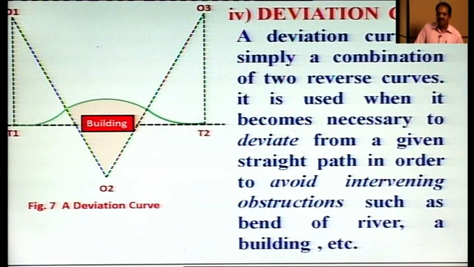So, it is used when it becomes necessary to deviate from a given straight path in order to avoid intervening obstructions, such as the building given in your figure, a bend of a river, etc. That is, when such an obstruction comes in our way, we have to deviate from our path, then we provide a deviation curve. So, these are the four types of classification of curves we generally use in our day to day life.